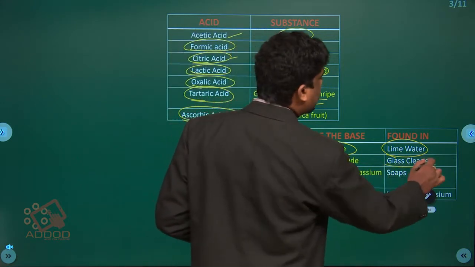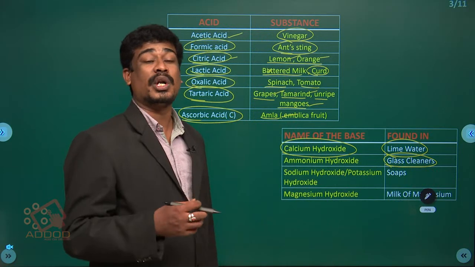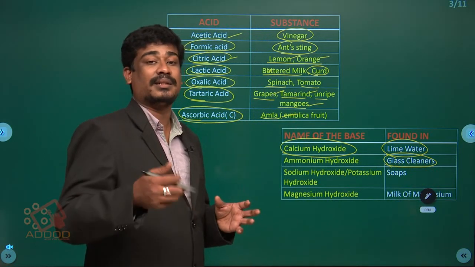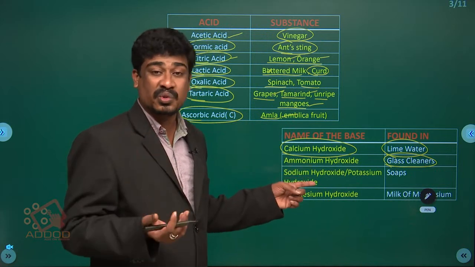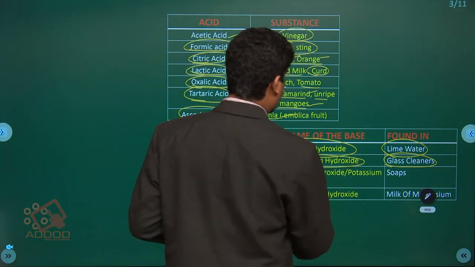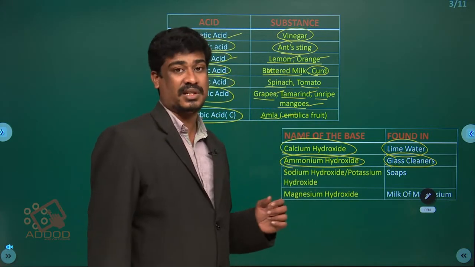While glass cleaners, we use certain glass cleaners like Colin in the market, which are used to clean glass. That chemical contains ammonium hydroxide. Ammonium hydroxide is basic in nature.